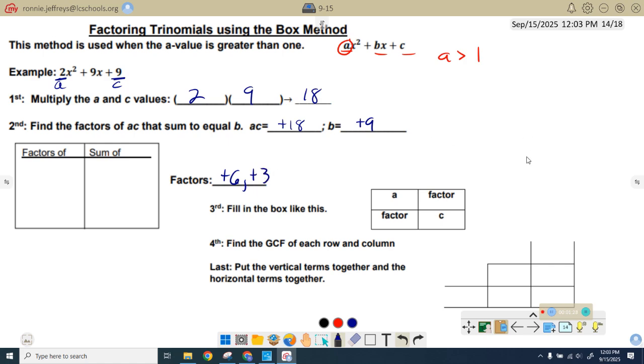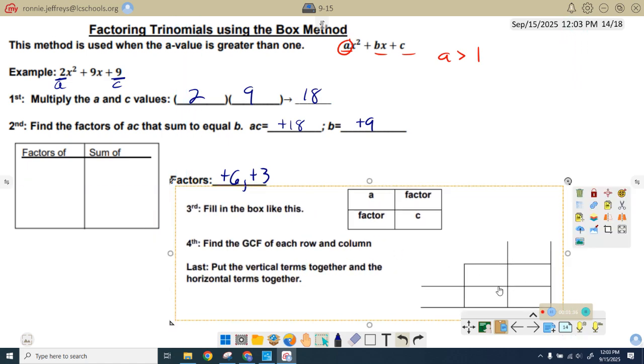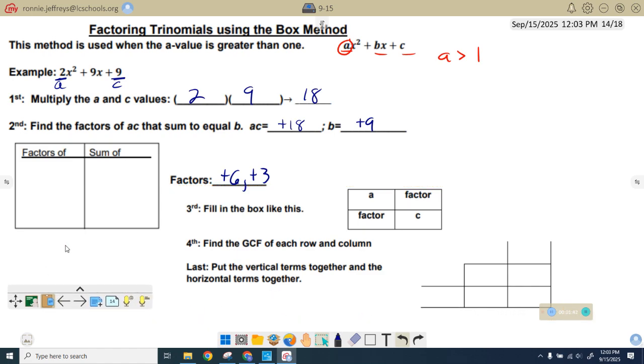Now, when you fill out this box, this is the way it goes. You're going to put your A term here, so 2x squared. Your C term here, which is plus 9.